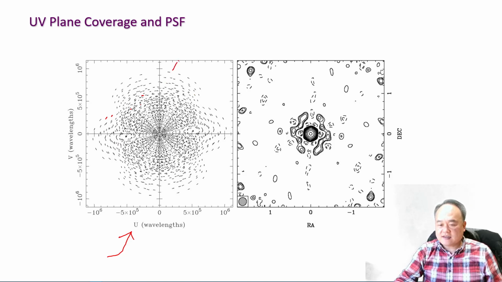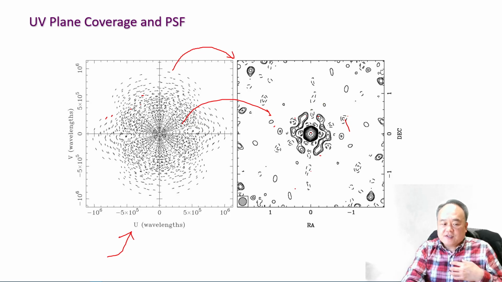So this much UV coverage can produce a fairly close Airy ring-like diffraction structure, but there are still some missing gaps contributing to some noise structure here and there, right?